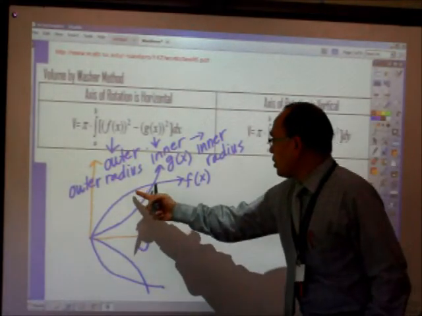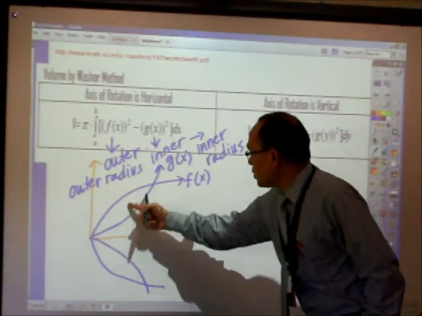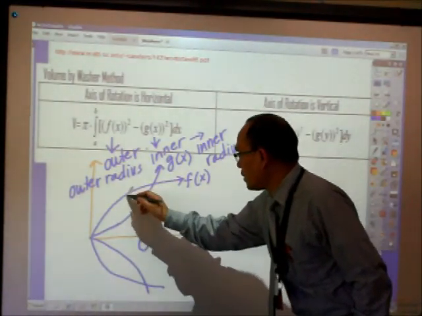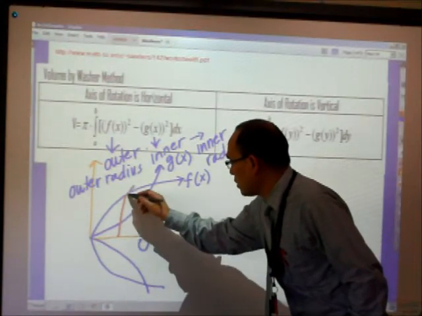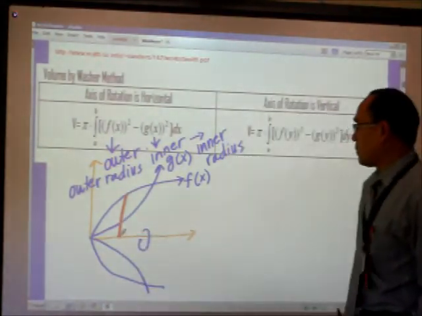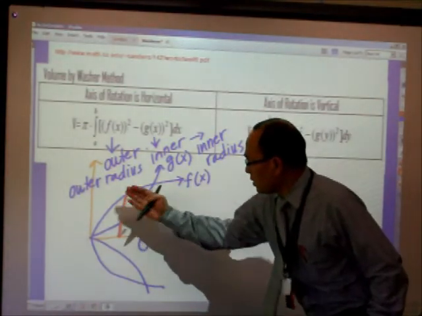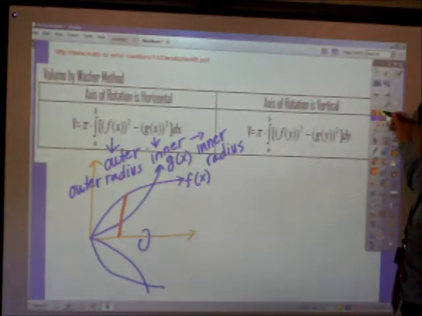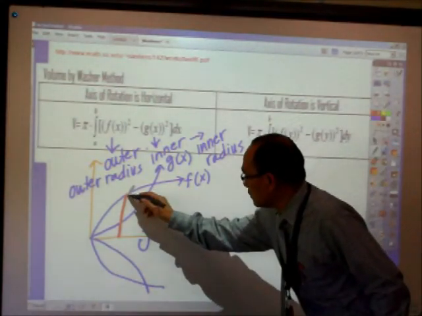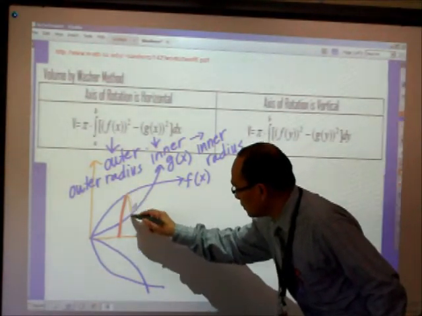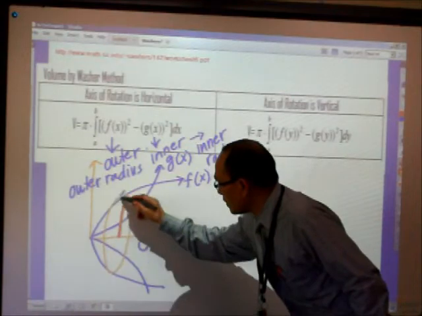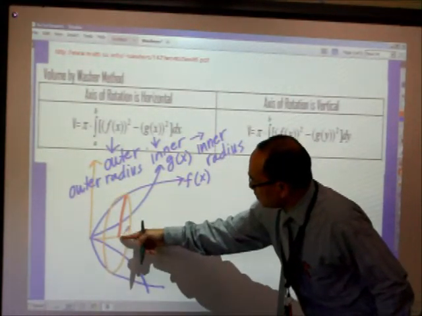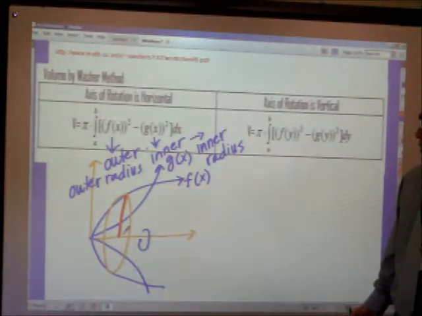Considering the outer function, because we are rotating about the x-axis, this is the outer function. And if we rotate it about the x-axis, we can generate a disk. And actually, if you look at this, this now becomes the radius of that disk.